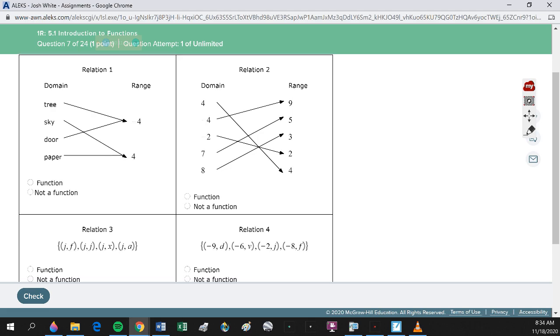Relation 1, is that a function? Yes. Is any person trying to live in 2 cities? No. Okay, relation 2? It is. Okay, the only way it would not be a function is if one of these had 2 lines, and none of them do.